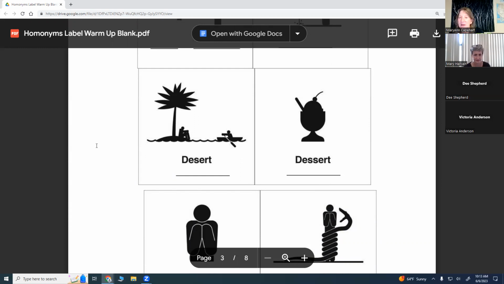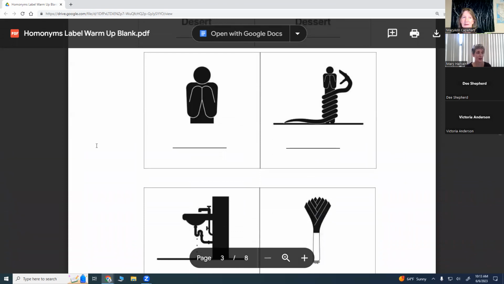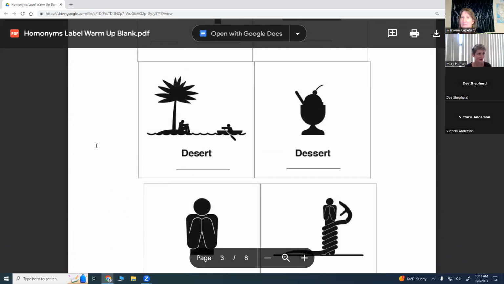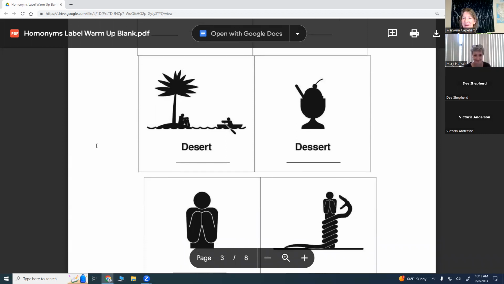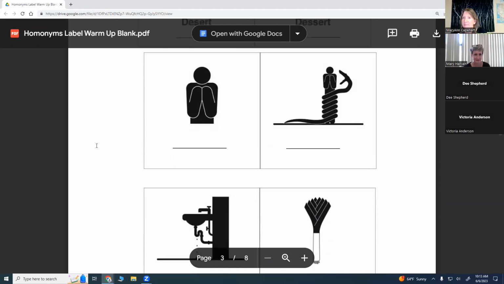You have desert and then dessert, the accent is on the second syllable, dessert. The first one, desert. Sorry, that one was given away. I can tell you a way to remember that. You prefer two desserts and only one desert. Yeah, that's good. I like the way the guy's leaving the person on the desert island. Bye-bye. Okay, how about this one?